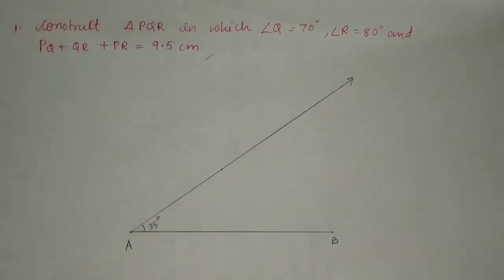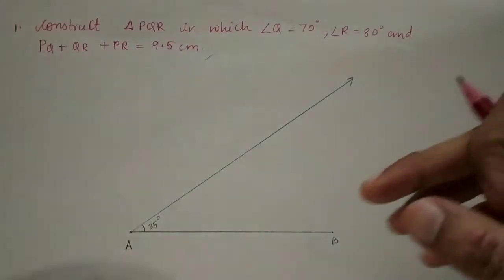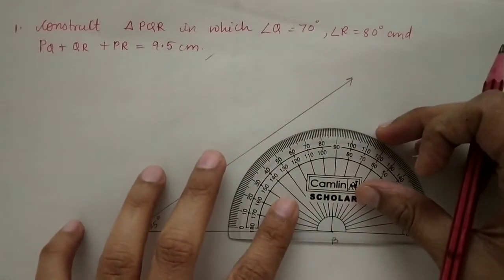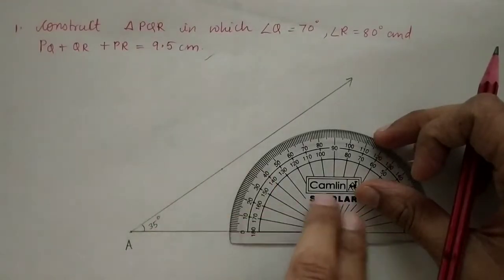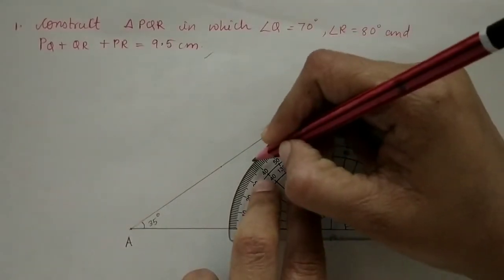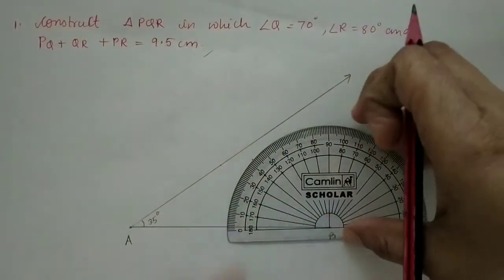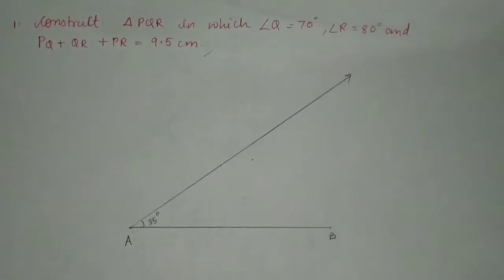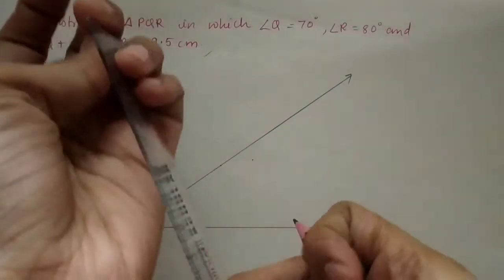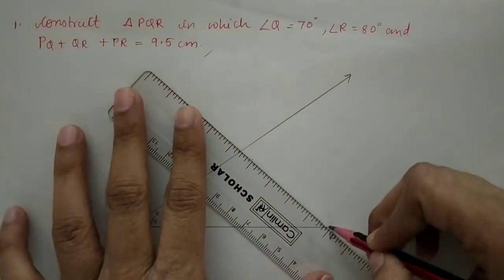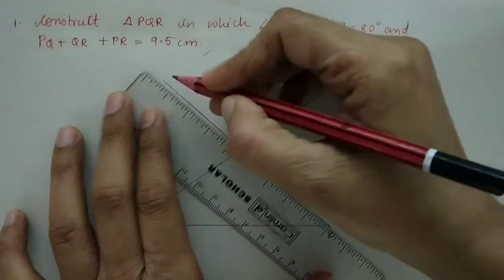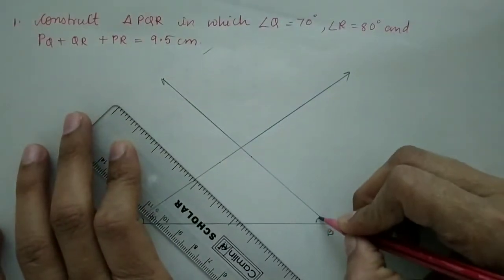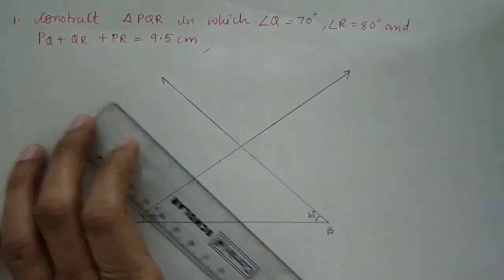Then this is 80 degrees, so we place it here. The segment is on this side, so we start counting 40 degrees from here, and we get 40 degrees here. So we draw a ray here, and we write down 40 degrees.